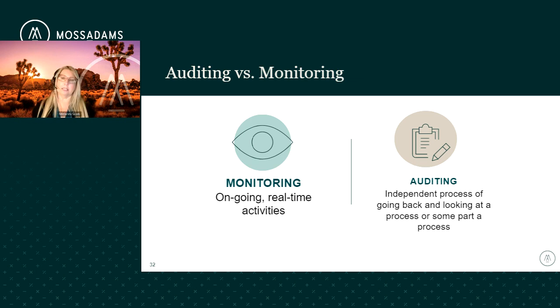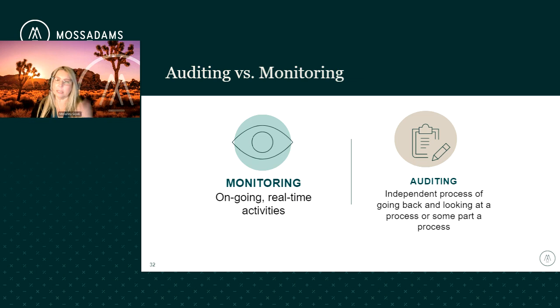Auditing, on the other hand, is an independent process where we go back in time and take a look at some sort of process and validate things were working as intended. This is usually looking against policies, procedures, laws, regulations, and just validating. The value of this, when we hear that word independent, is that true internal audit and auditing are not part of operations.